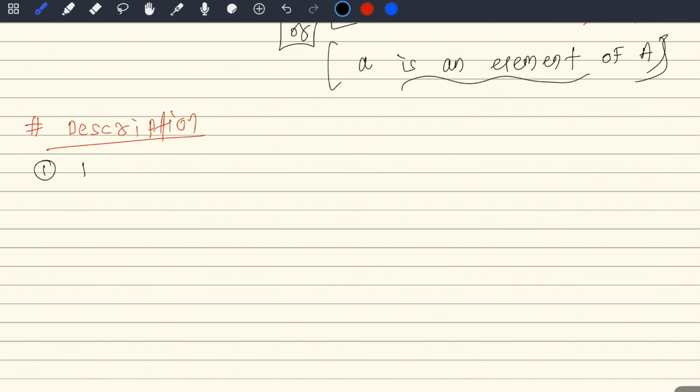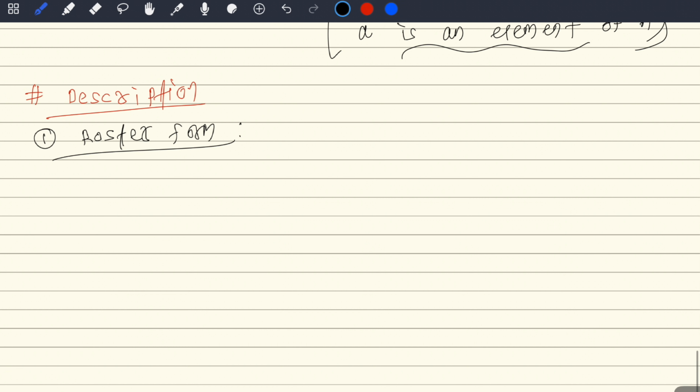First one is roster form. So what is this form telling? Elements are listed using curly brackets.